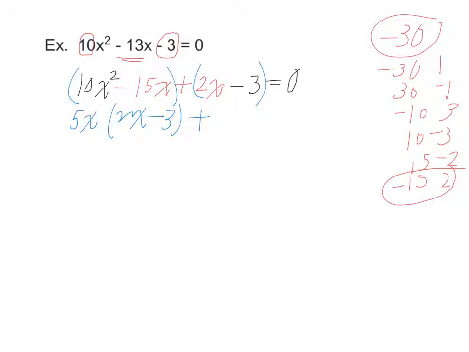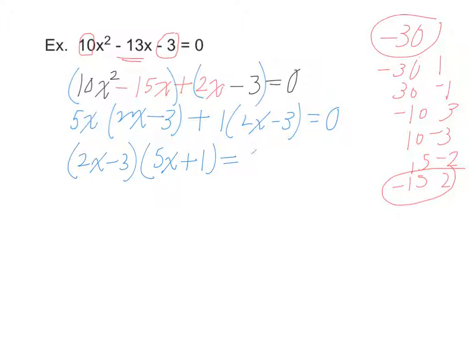So just to help, I'm going to go ahead and put a 1 out front. You should notice that both of these factors are now 2x minus 3's. That's good. That means I can factor that out. And I'll have 5x plus 1 left over. That's the complete factorization.